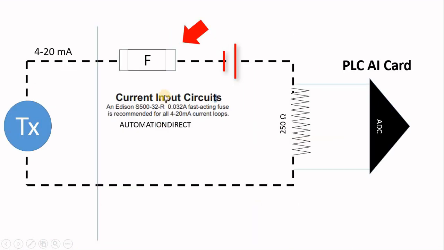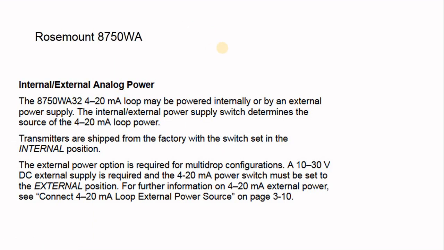So what we will do is install a fast-acting fuse in our wiring. If you have any short circuit in the field, your fuse will be blown before you destroy your resistance. Now, if you go into your transmitter, read it carefully. Let's say this is a Rosemount transmitter.